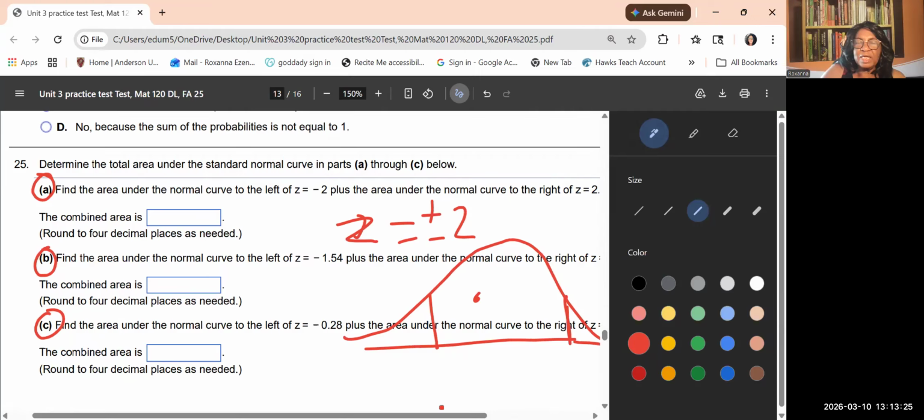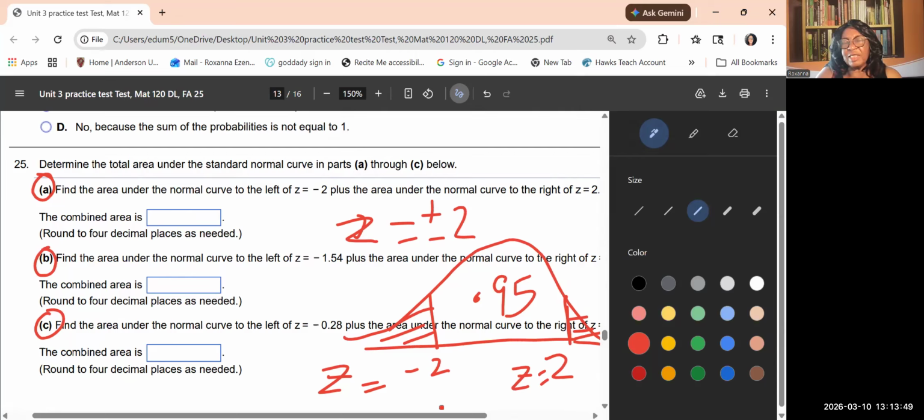So the center is 0.95. According to the empirical rule, 95% of data lie within plus or minus 2 standard deviations. This is minus 2 standard deviations. This is plus 2 standard deviations. So z is plus or minus 2.